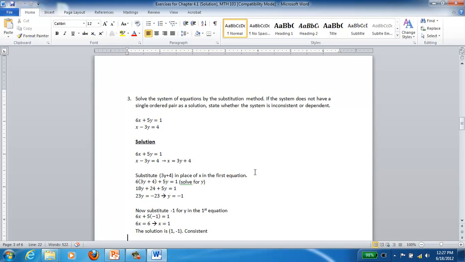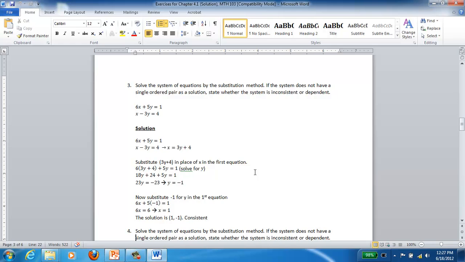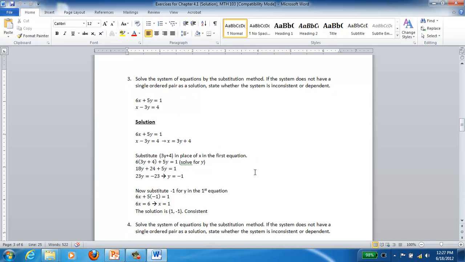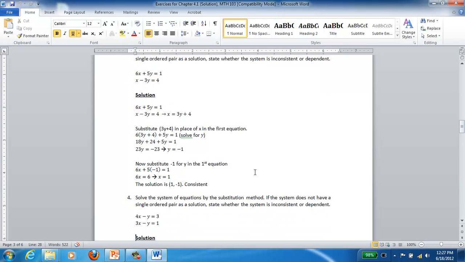We're going to take equation 2, x minus 3y equals 4, and solve for x and substitute that back into the first equation. Simplifying and solving for y gives us y equals negative 1. Now if we take y equals negative 1 and substitute that into the other equation, we get the solution 1, negative 1, which of course is a consistent system.